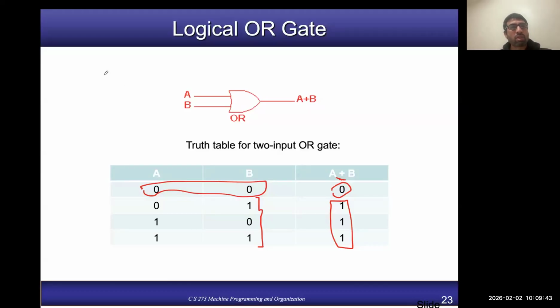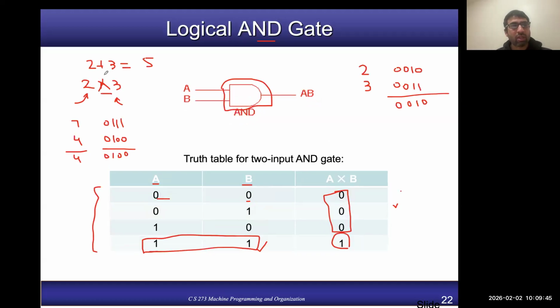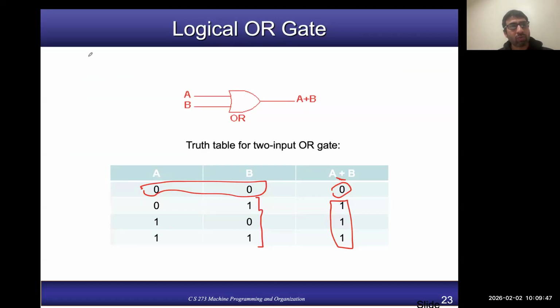So now let me try to do the same example which I did last time, OR operation between 2 and 3, right? So what is the 4-bit binary of 2? 0, 0, 1, 0. And the 4-bit binary of 3, 0, 0, 1, 1, right?